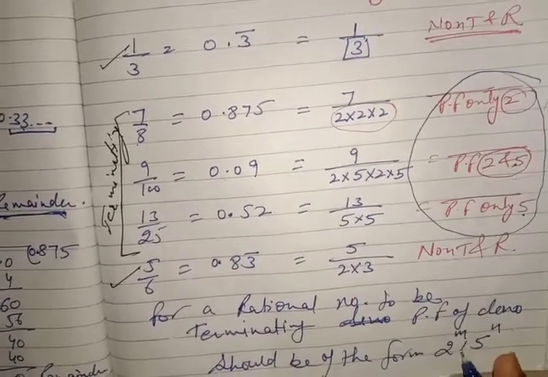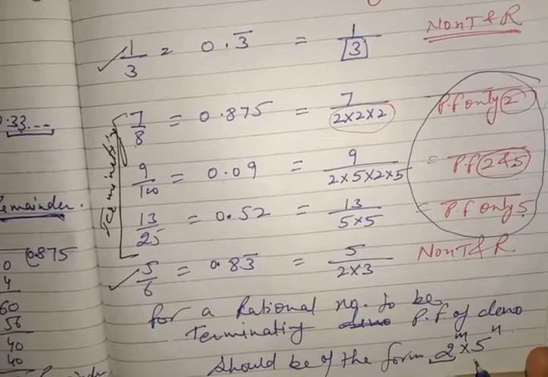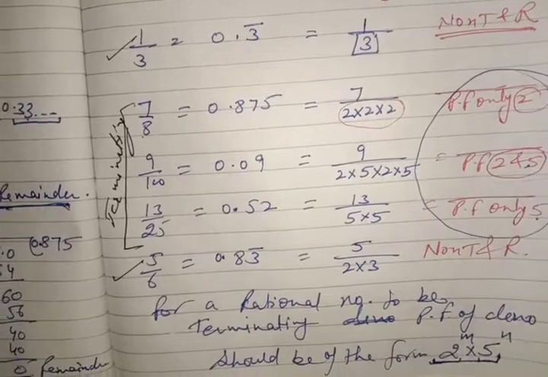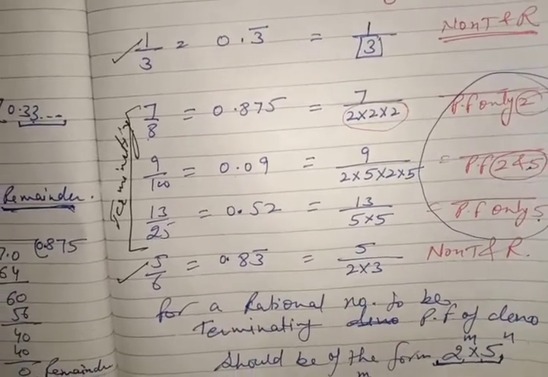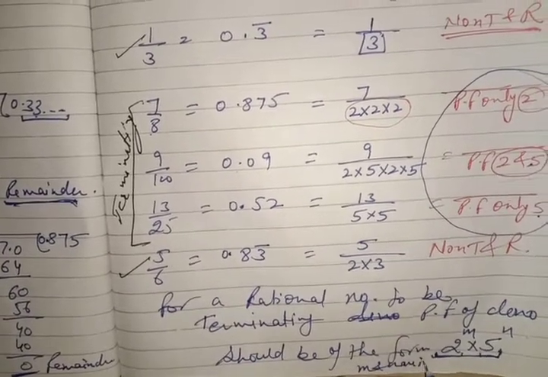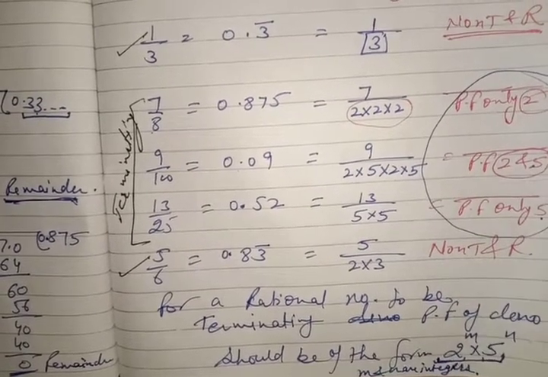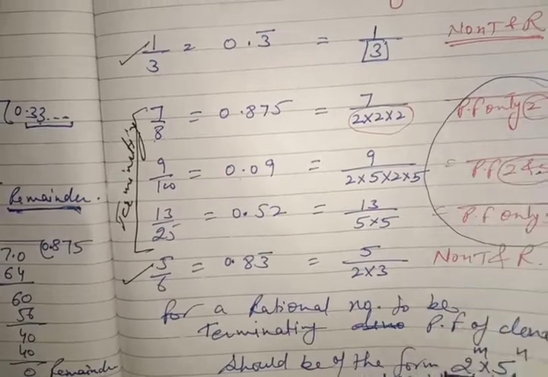Means either 2 is there or 5 is there, or both 2 and 5, where m and n are integers. I hope things are clear to you. These are the things that you have done already in your 9th class. Now we'll start our exercise.